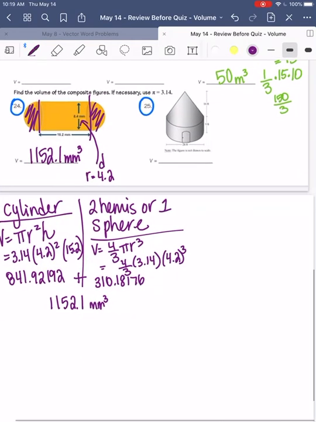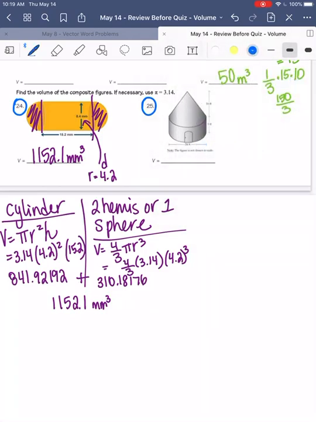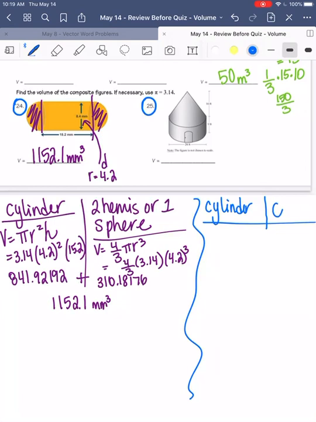All right, now number 25 is a cylinder and a cone. Okay, so we have volume equals pi r squared h.